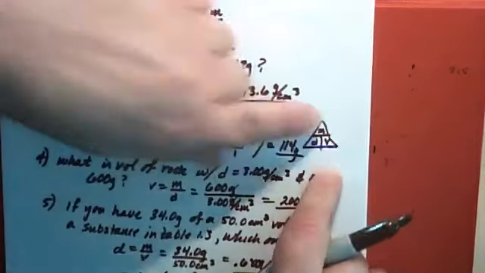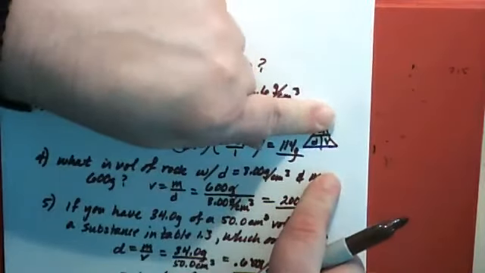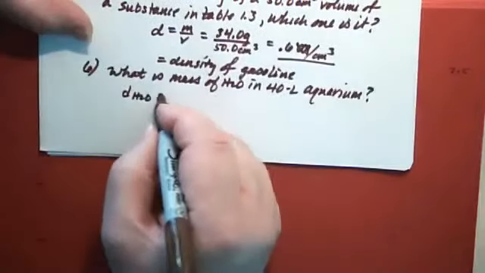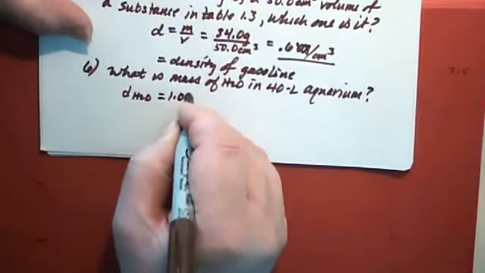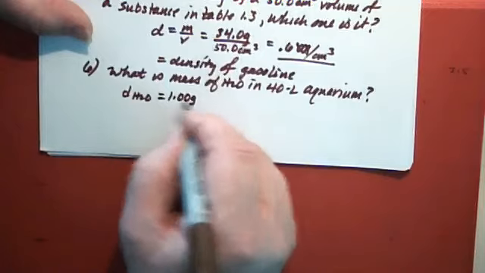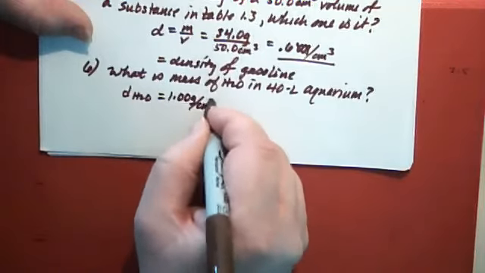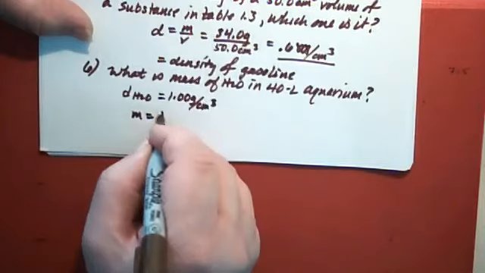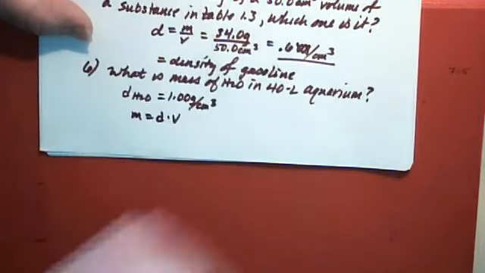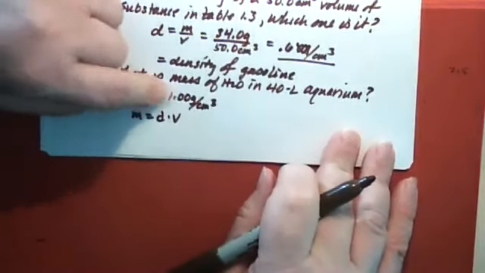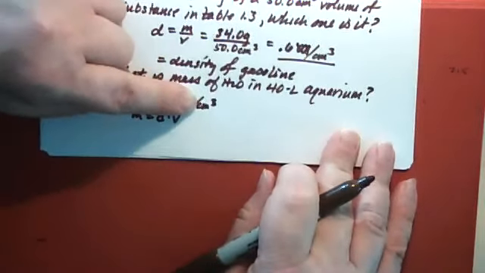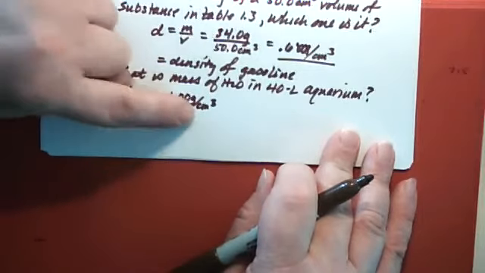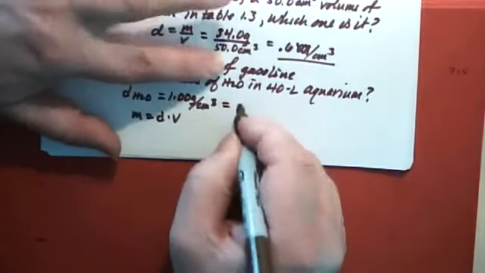According to the table, if you want mass, it's going to be density times volume. We've got density in grams per cubic centimeter, but remember, cubic centimeters is the same thing as milliliters.